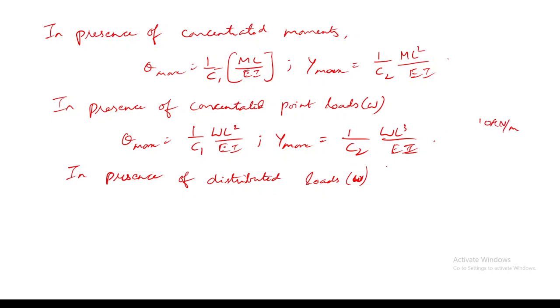In case of distributed loads, theta max will be 1 by C1 times w L cube divided by EI. This W is small w. And y max will be 1 by C2 times w L power 4 divided by EI.